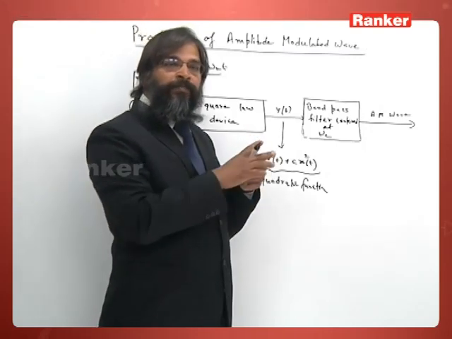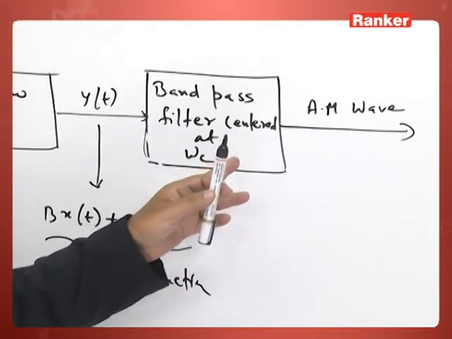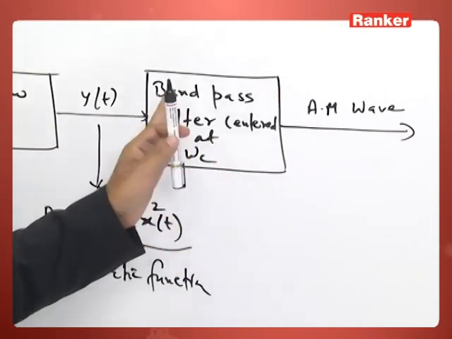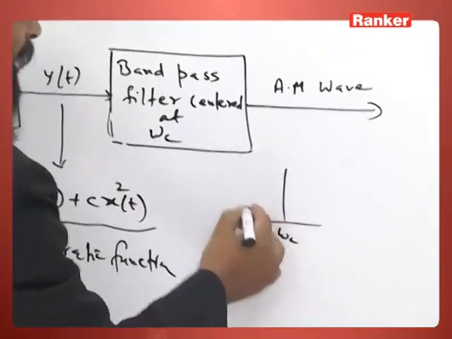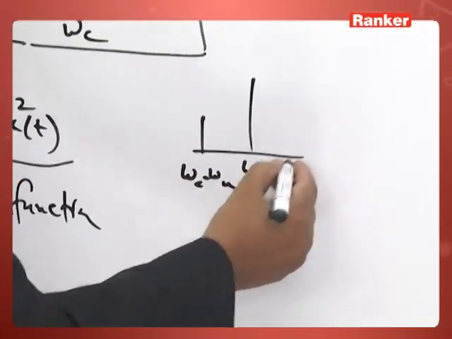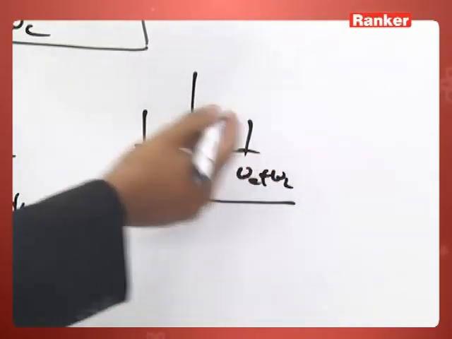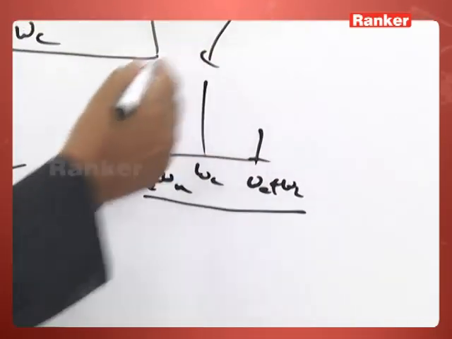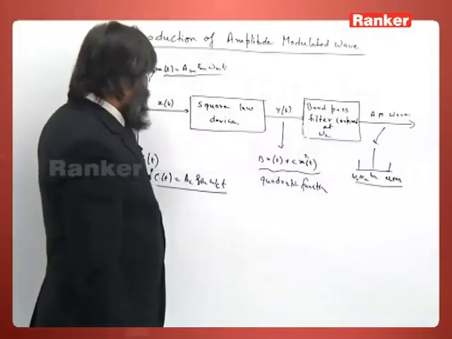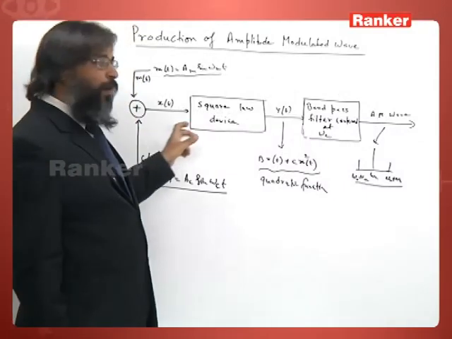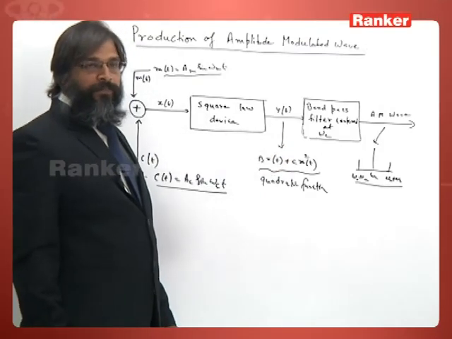The higher and lower bands will be filtered another way, that means they will be stopped and the others will be passed. So all these three frequencies, ωc, and the sidebands ωc minus ωm and ωc plus ωm, will be passed, and that is what the amplitude modulated wave is. This is the schematic diagram of what we do in amplitude modulation.